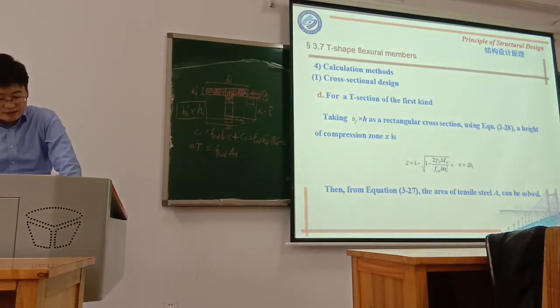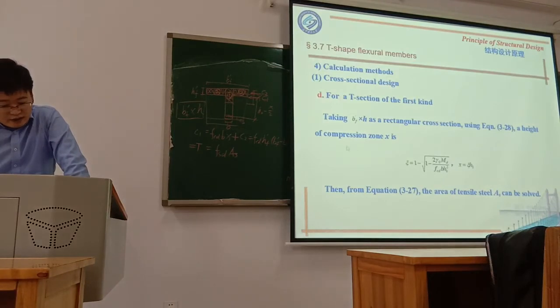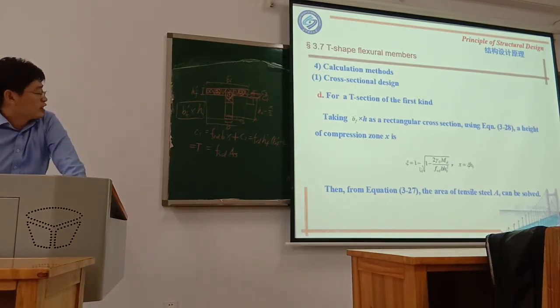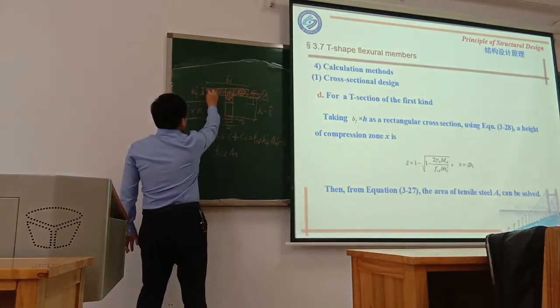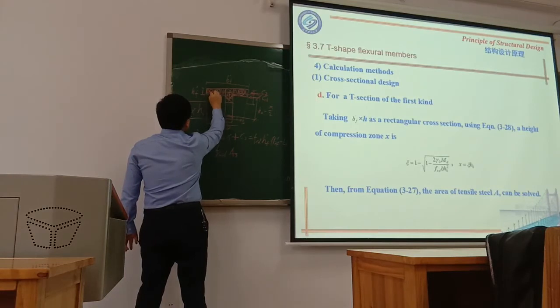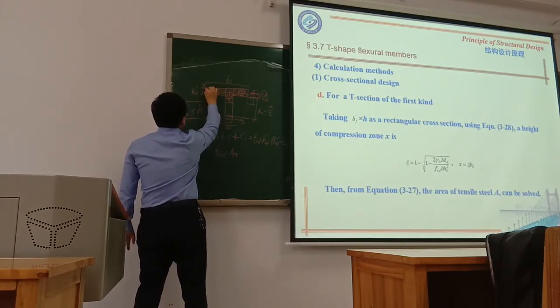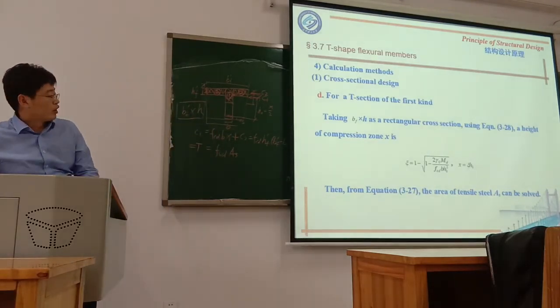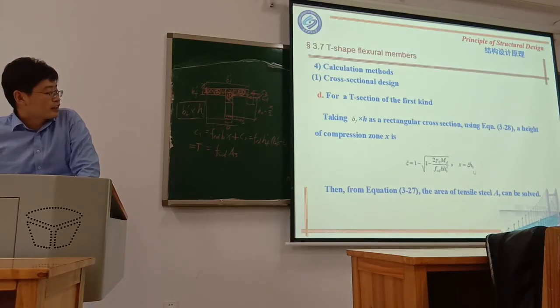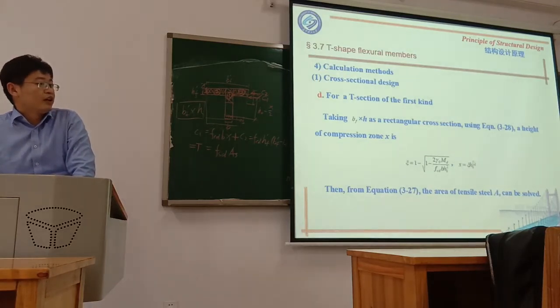Then the height of the compression zone x we can calculate. Because for type 1, the x is in the flange, so you need to calculate x. We get x equal to c h0, where c equals this.